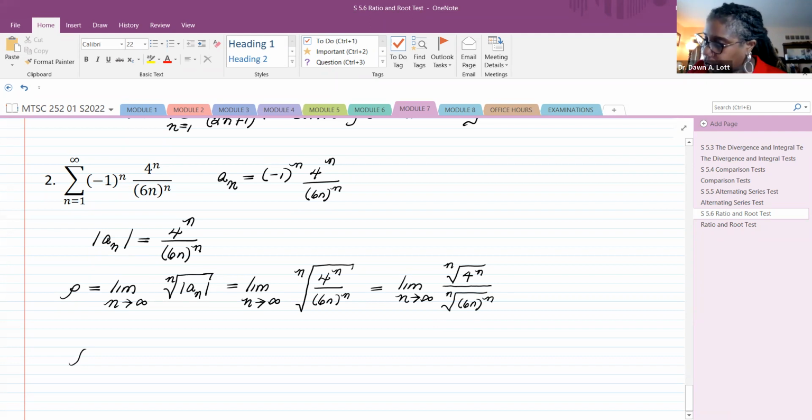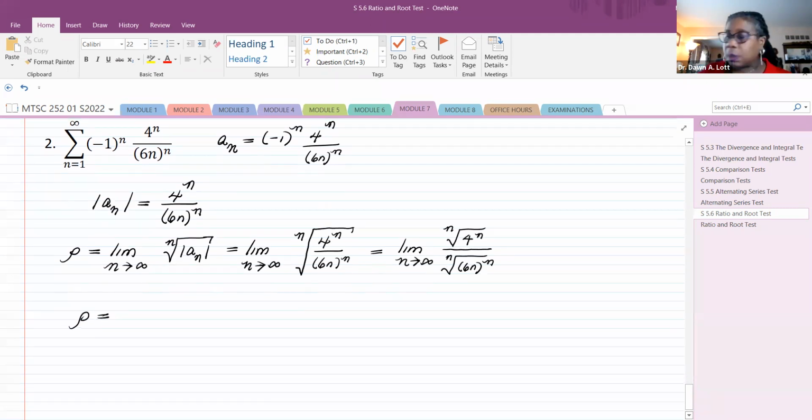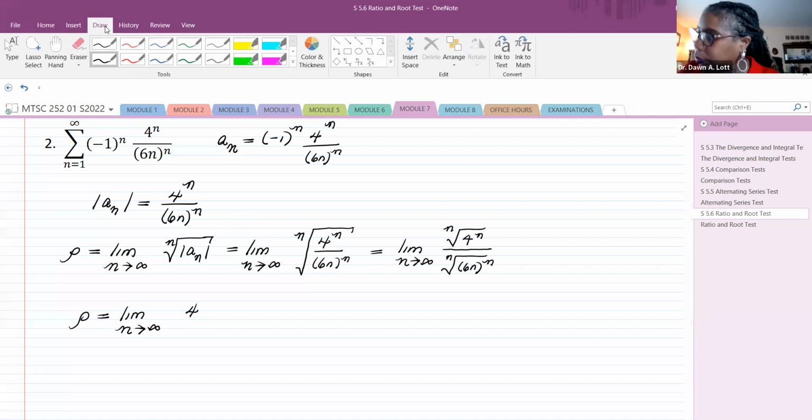Okay, so rho is then the limit as n approaches infinity. When I get the nth root of 4 to the n, that just gives me 4. And then the nth root of (6n) to the n just gives me 6n. And as n goes to infinity, that goes to 0, which is less than 1.